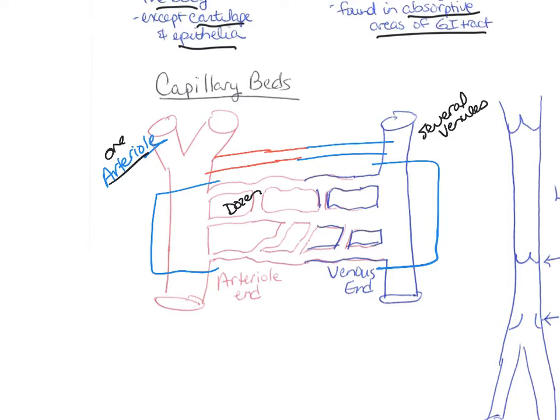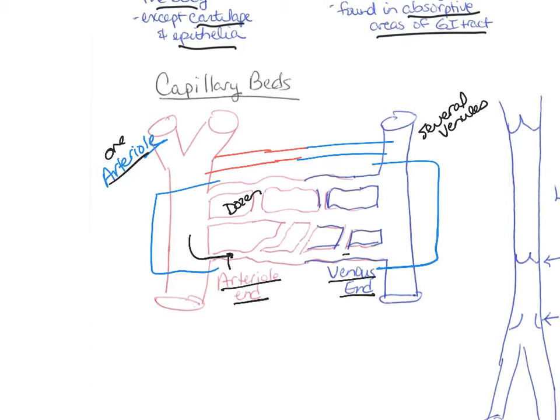Now, we're going to learn more in advanced A&P, so I just want you to realize here that we have kind of two ends of these capillaries. On the one end, which is closest to the arteriole, we call that the arteriole end. And so there's going to be different pressures. You've got these arterioles, which are really pushing fluid through. That's going to have a different pressure than at the other end, which is closer to the venule, and we call that the venous end.